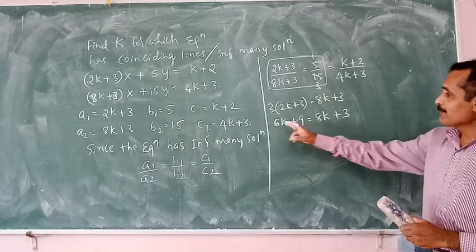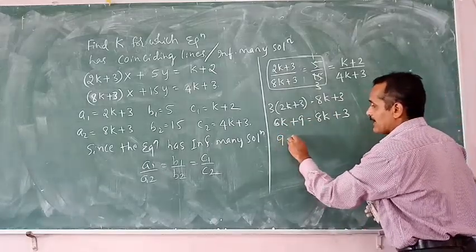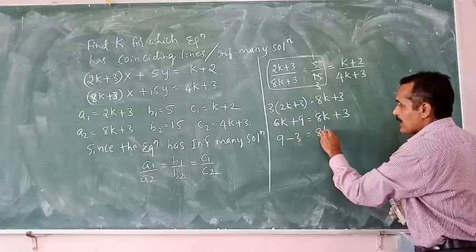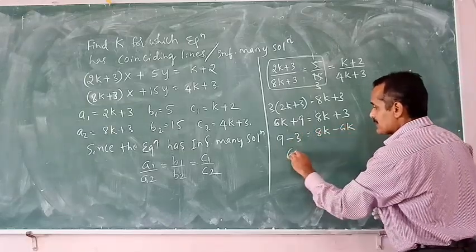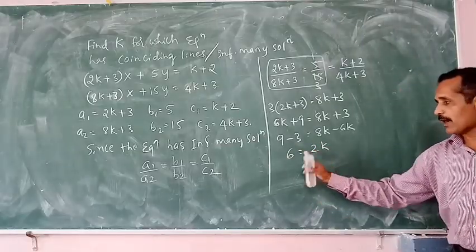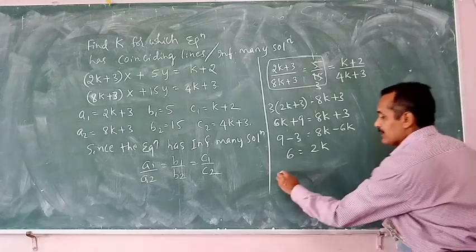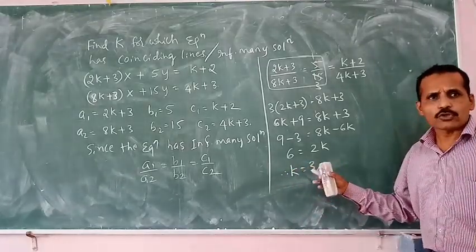I can bring this 6k to this side and 3 to that side: 9 minus 3 is equal to 8k minus 6k. It is 6 is equal to 2k. Therefore, k is equal to 6 by 2. Answer is 3. Therefore, k is equal to 3.